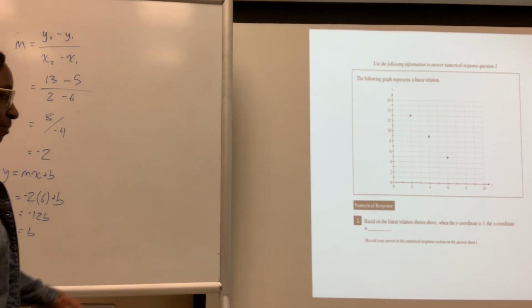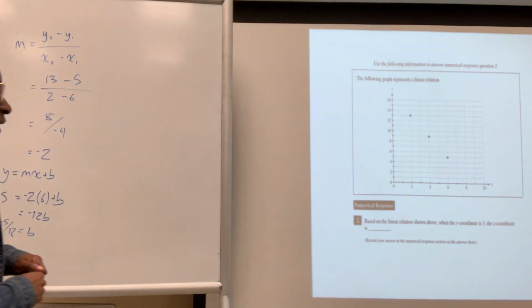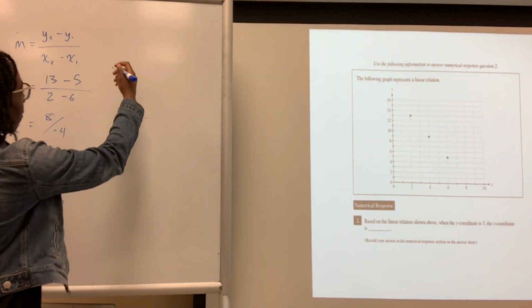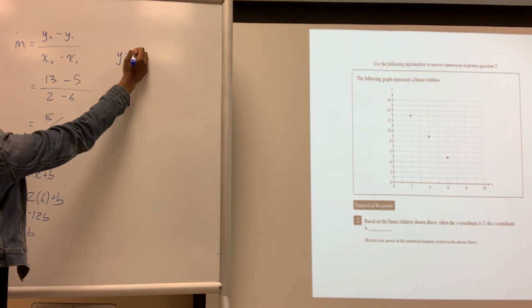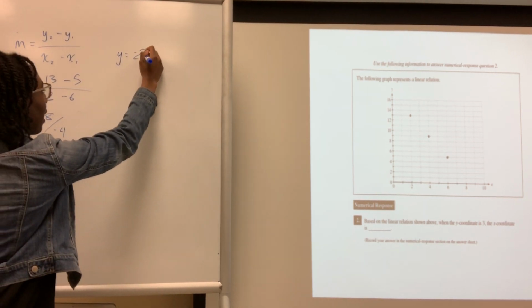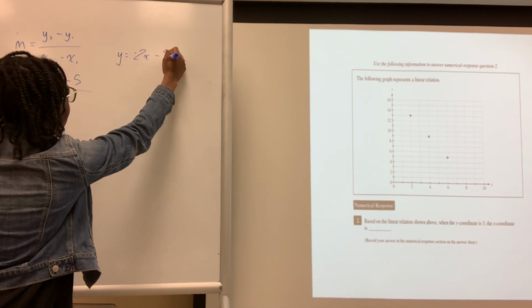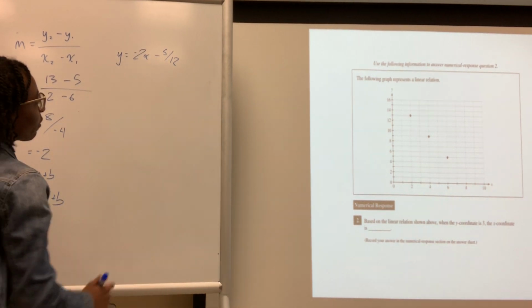Okay, and now it says, based on the linear relation shown above, when the y coordinate is 3, the x coordinate is, so we can now create a general formula for this line. So y is equal to the slope, -2x, plus b, which is -12. And now we just substitute in y and solve for x.